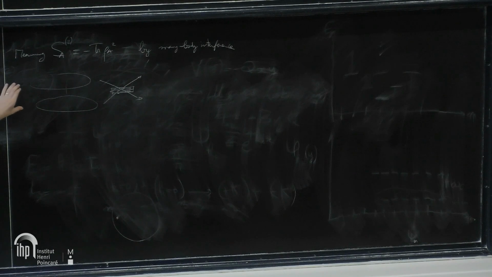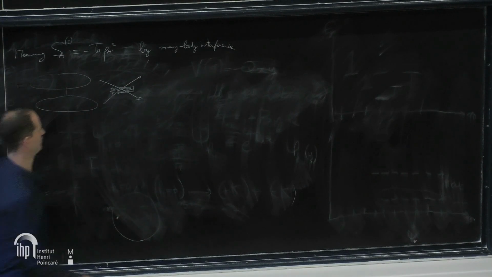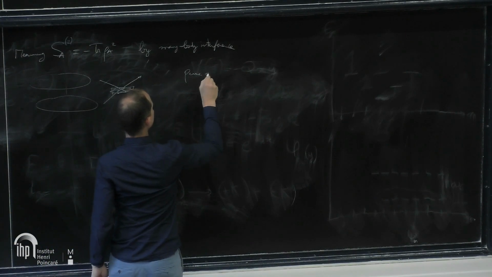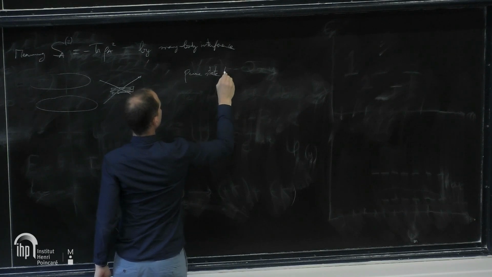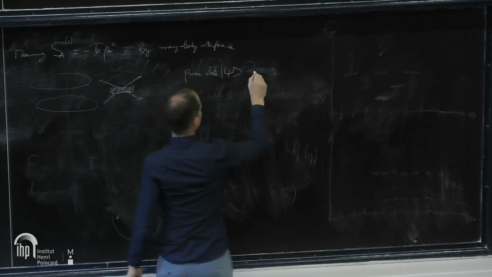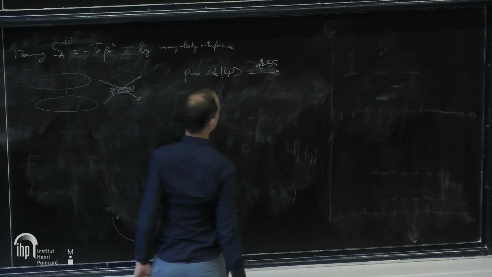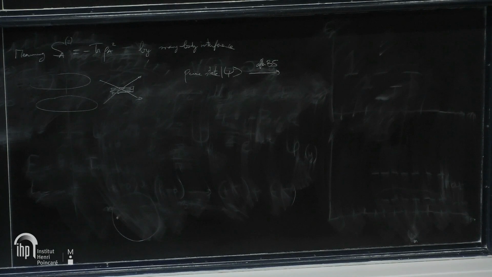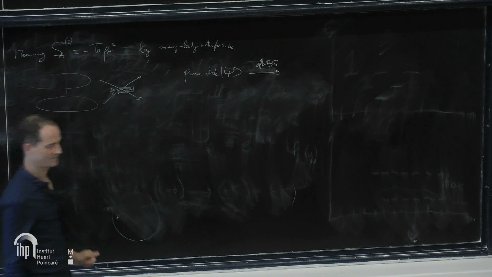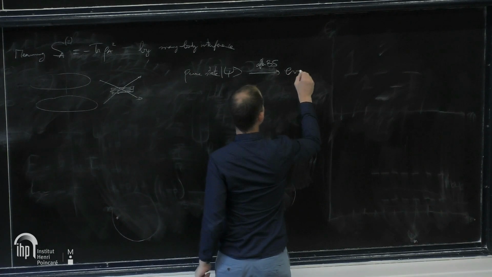So when we do that for a pure state, psi, then after beam splitting, we know that we have the Hanbury Brown and Twiss effect. So on each side, we will have an even number of particles, even n.